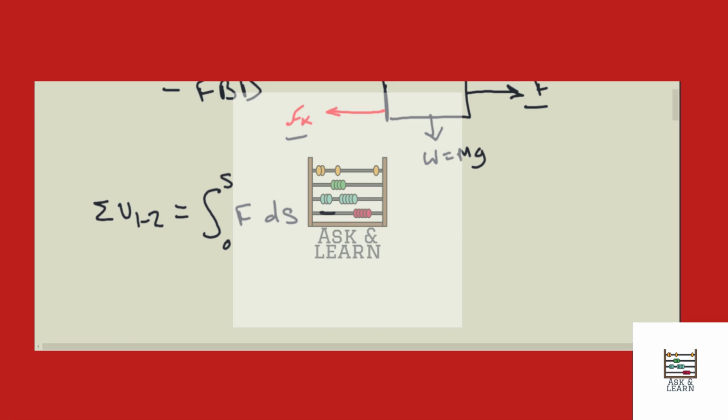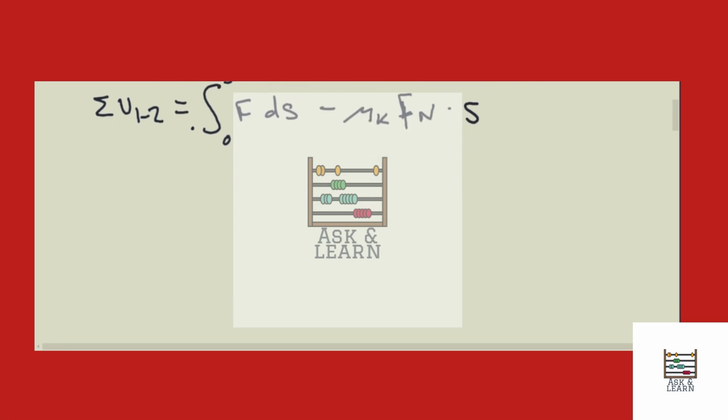And that's given as the coefficient of kinetic friction times the normal force Fn, and of course times s. So let's focus on this first part. We'll call this part 1, and we'll call this 2.